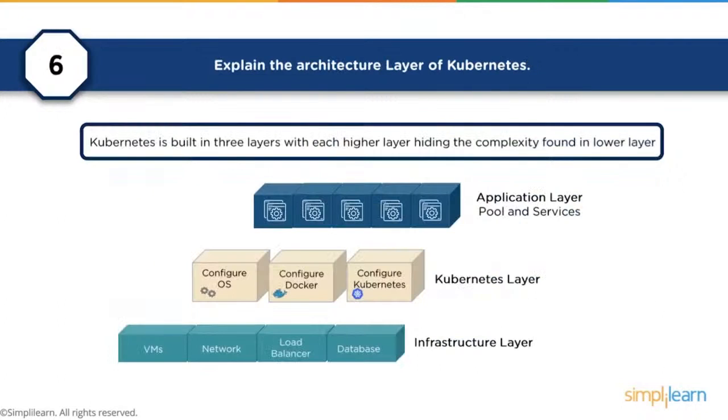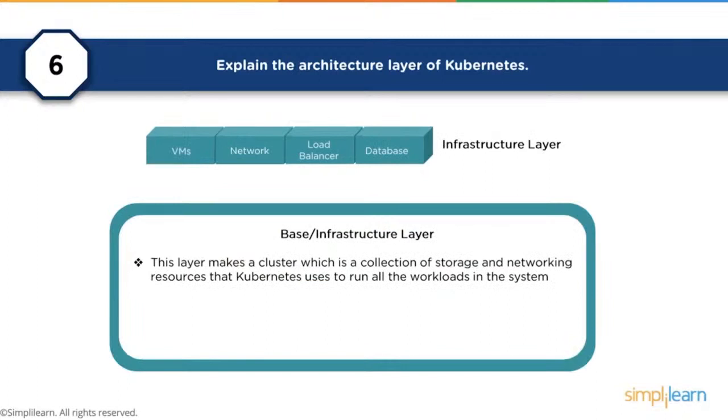So let's break out the architecture of Kubernetes. You're going to be asked to explain how is Kubernetes architecture structured. And there are three key areas. There's the application layer, there's the Kubernetes layer, and then there's the infrastructure layer. We're going to start off with the infrastructure layer. The infrastructure layer is our base layer, and this is where you make your clusters for your collections of storage and networking resources within Kubernetes.